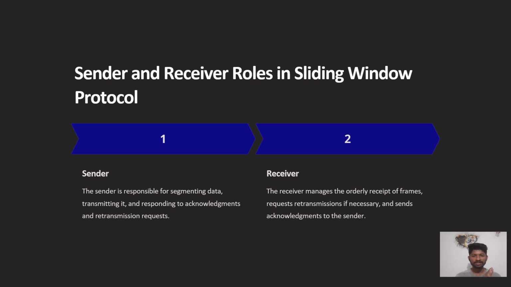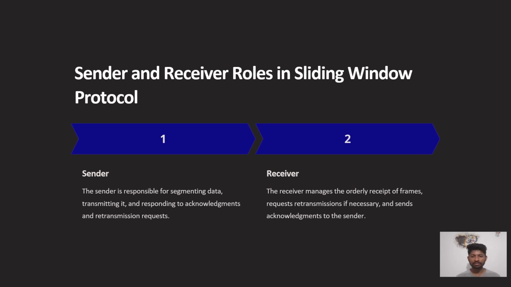So, in sliding window protocol, there are mainly two roles: the sender and the receiver. The sender is responsible for segmenting the data, transmitting it, and responding to the acknowledgements and retransmission requests.